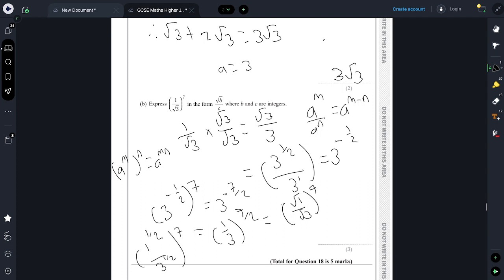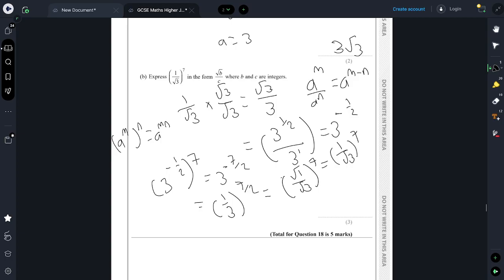That's what this is doing here. Okay. So then you deal with the denominator part, the fraction. So half times 7. Anyway, you get this. Now that simplifies to 1 over root 3 to the power 7. Oh, we just got back to where we started.